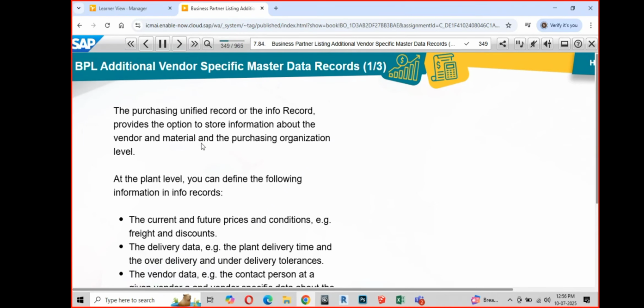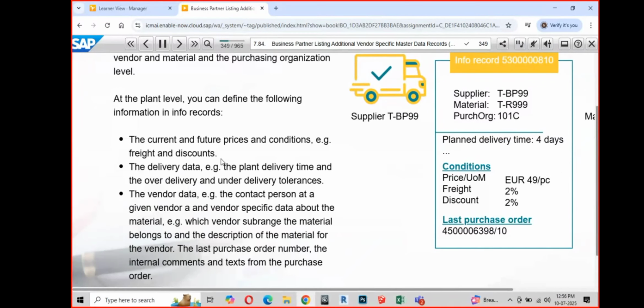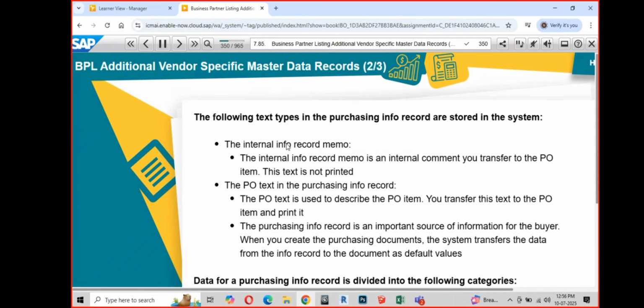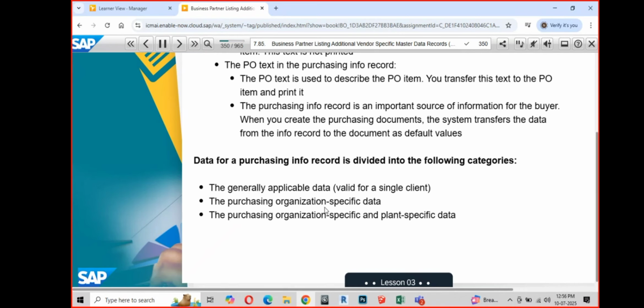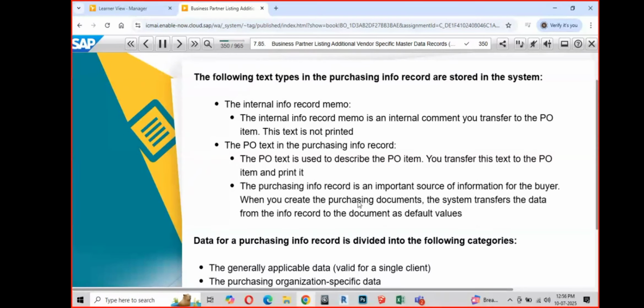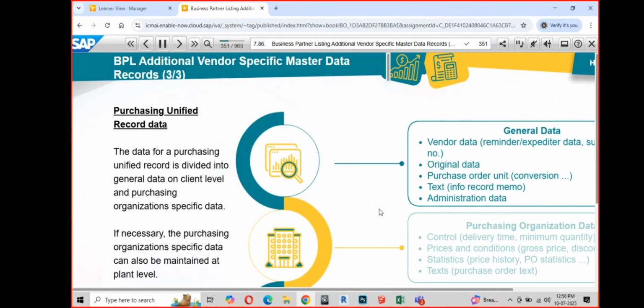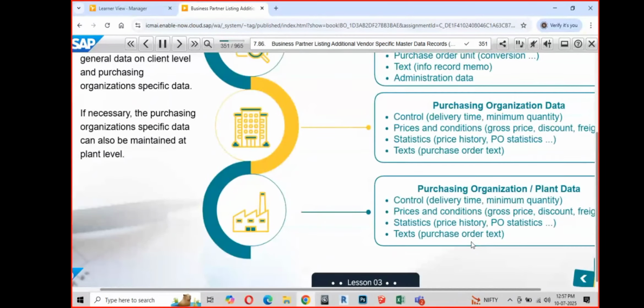So what is the info record? All the purchasing information data flows into the SAP system through the material management module. Clear? Don't have to worry too much on this. Read it through in your free time.